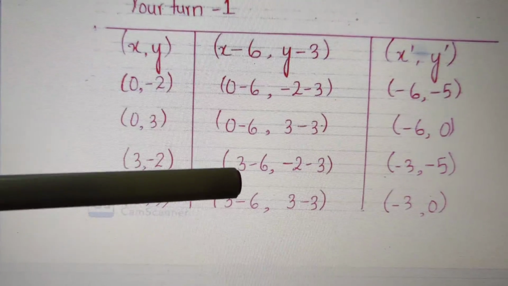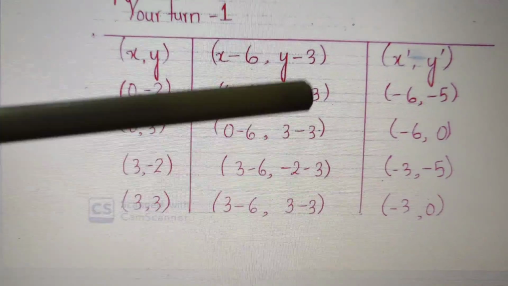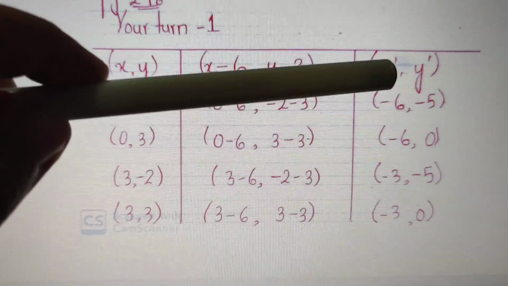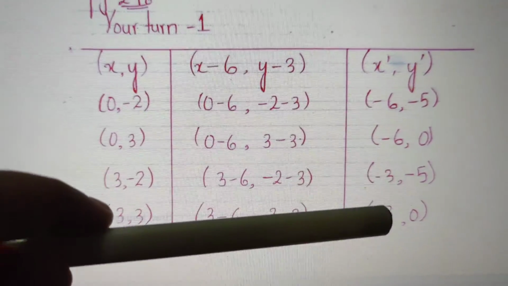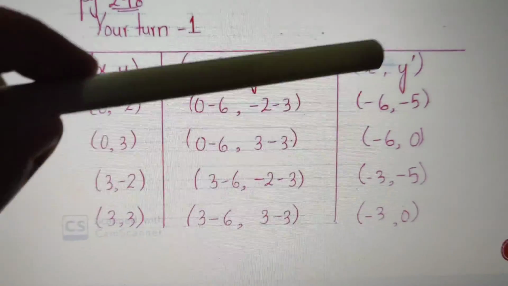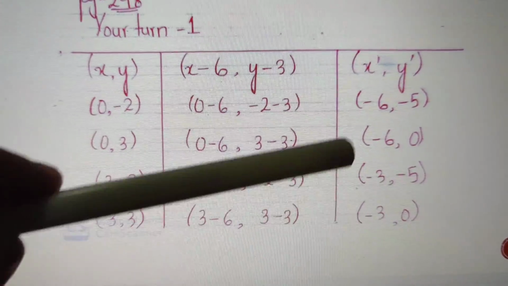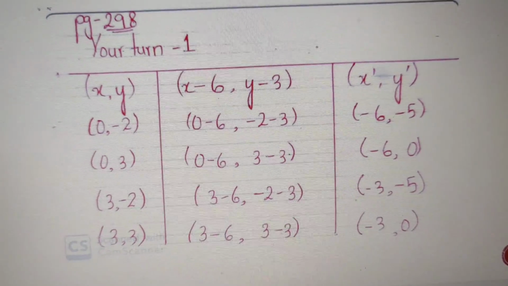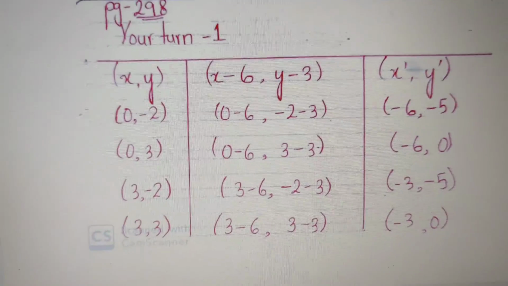These are all x coordinates subtracted by 6, y coordinates subtracted by 3. These are our prime coordinates, the result, x prime and y prime. These are our 4 points that we got. This is the translation for this question. This is how we will find the translation.